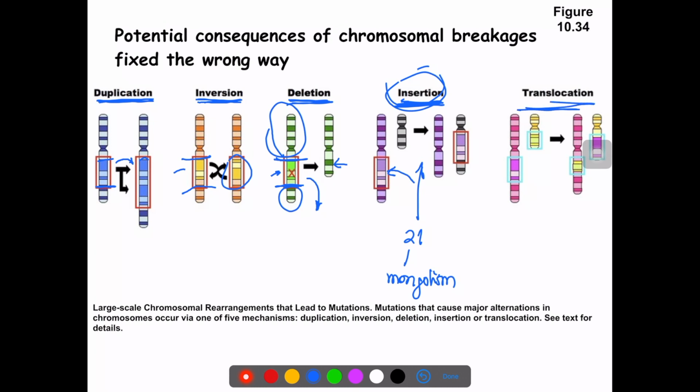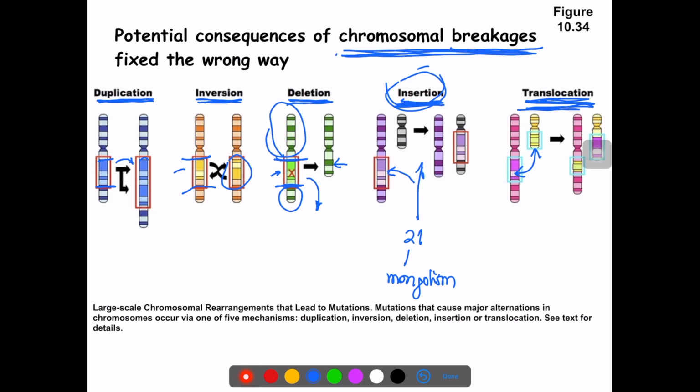And then translocations also take place, in which two segments are actually interexchanged from one chromosome to the other. That's what is considered to be a translocation. So all of these types of chromosomal aberrations, chromosomal damage that ends up with aberrant chromosomes, are due to this type of chromosomal breakage.